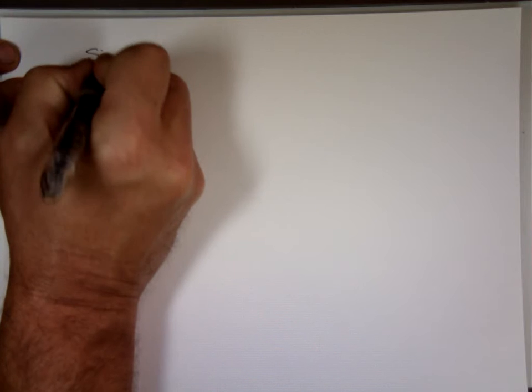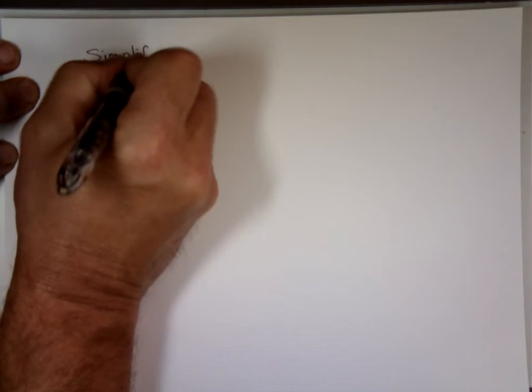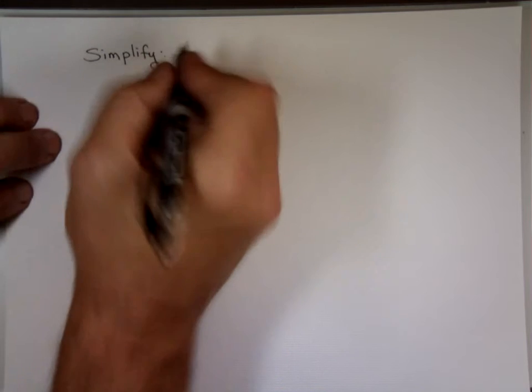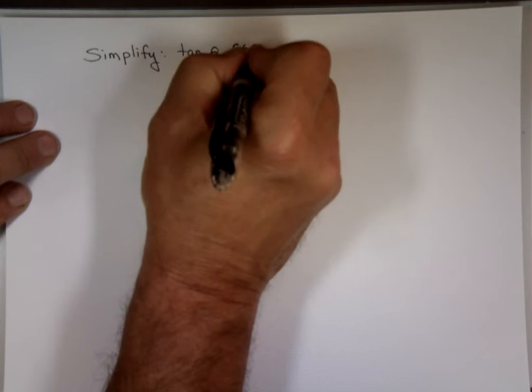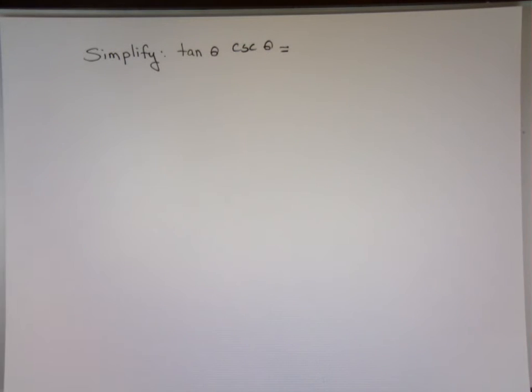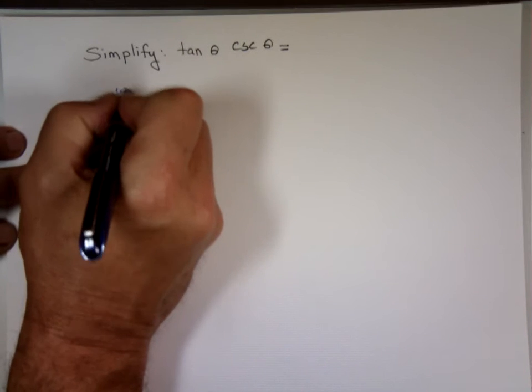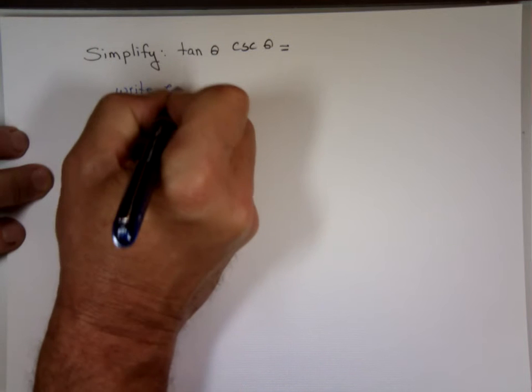So let me simplify. Let's take this problem. Simplify tangent theta times cosecant theta. The trick really is, I'm going to write it down for you, write each trig function in terms of sine and cosine.